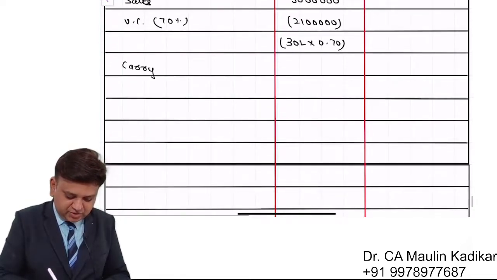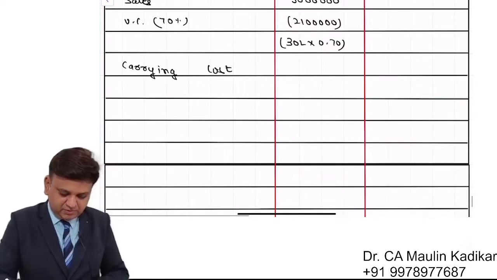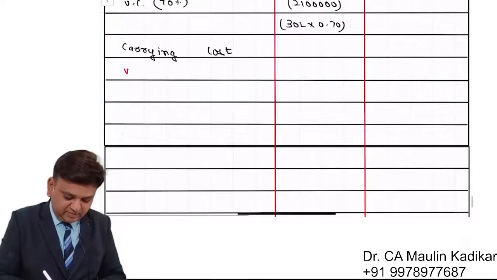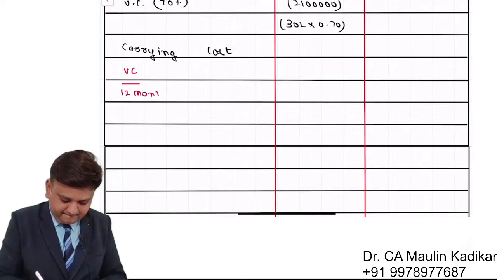Fixed cost information is not there, so we are ignoring it. Carrying cost is the variable cost divided by 12 months into average collection period into cost of capital.